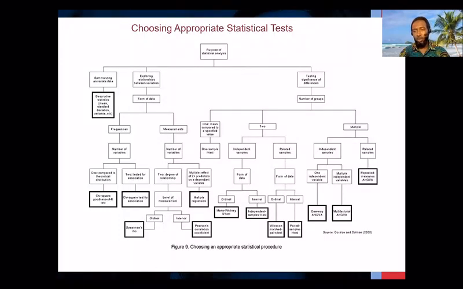That's just two levels of outcome, yes or no, boy, girl, something like that. If you have such a dependent variable, and you want to see how several categorical or continuous variables could predict or are associated with that dependent variable, you consider binary logistic regression.